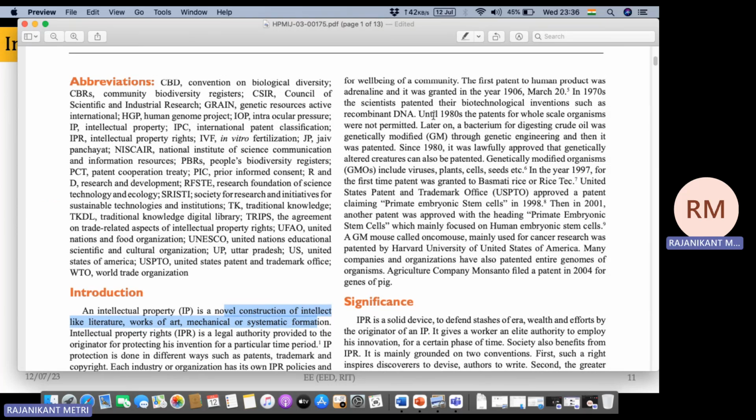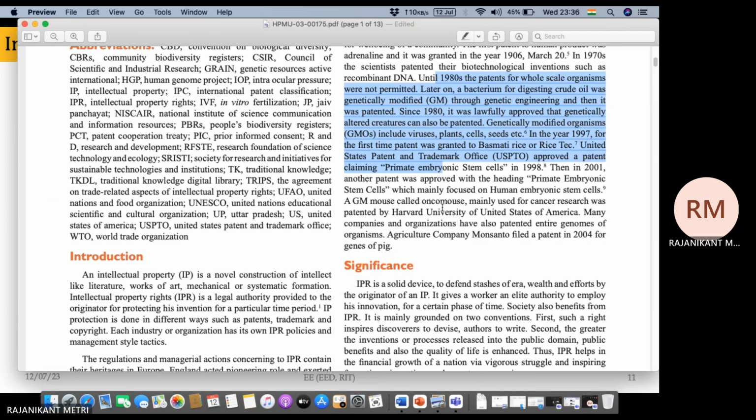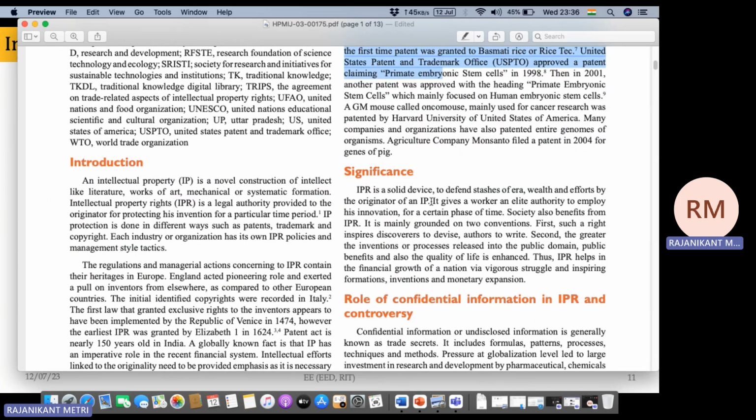Then they have done the literature review and given a detailed sequence of the progress that happened in the IPR of biological sciences.